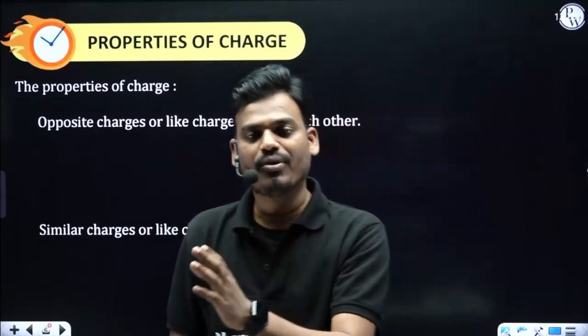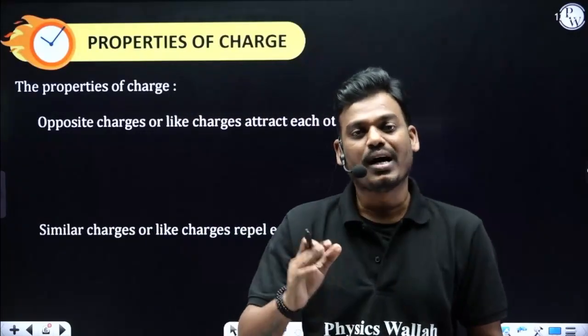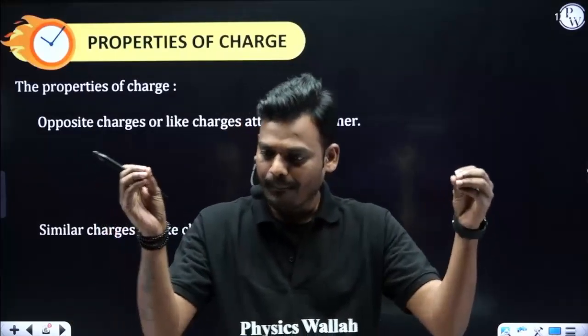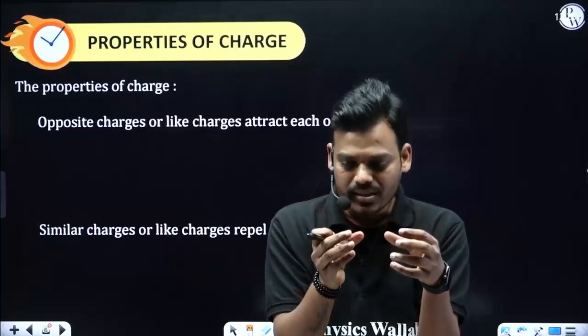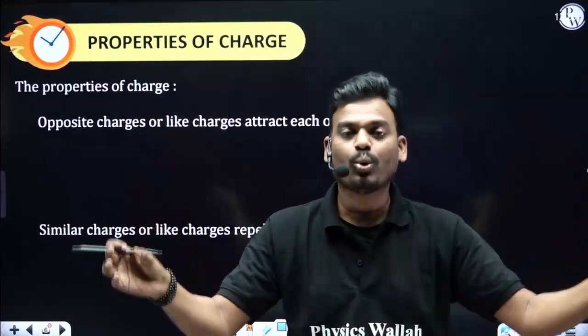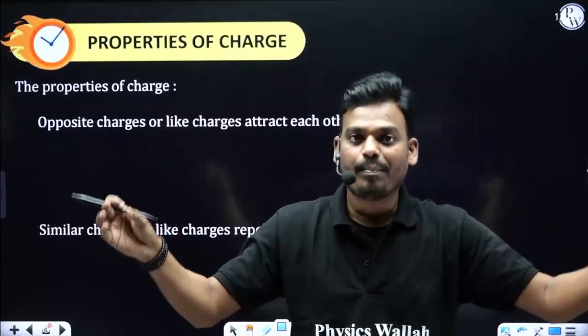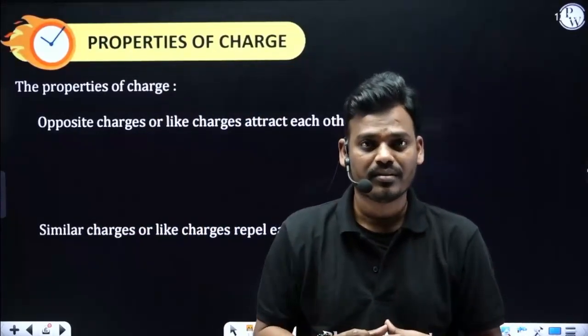Example for a positive charge we have considered proton, and example for a negative charge we have considered electron. So what if we bring two positive charges together, or what if we bring two negative charges together? What if we bring positive as well as negative charges together? What will happen? Let's see.